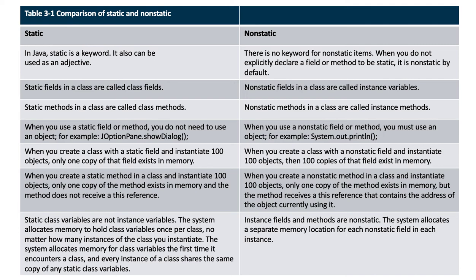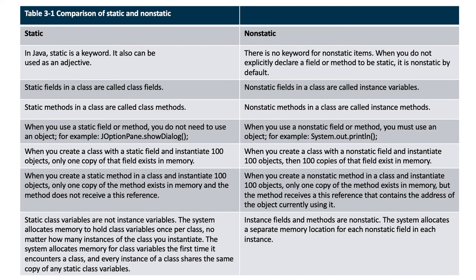When you create a class with a static field and instantiate 100 objects, only one copy of that field exists in memory. When you create a static method in a class and instantiate 100 objects, only one copy of the method exists in memory, and the method does not receive a this reference.